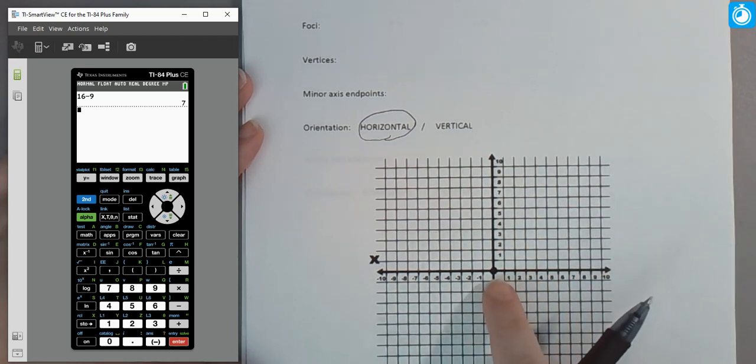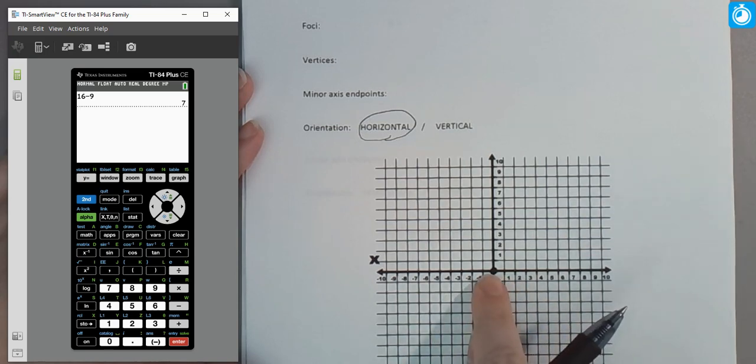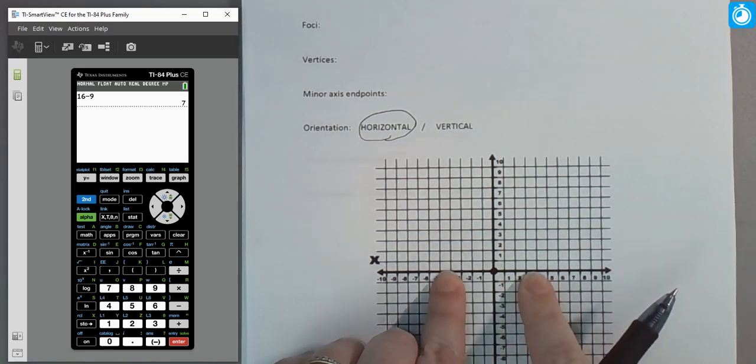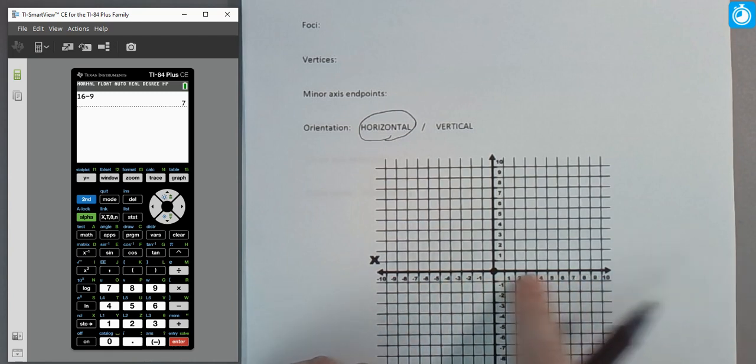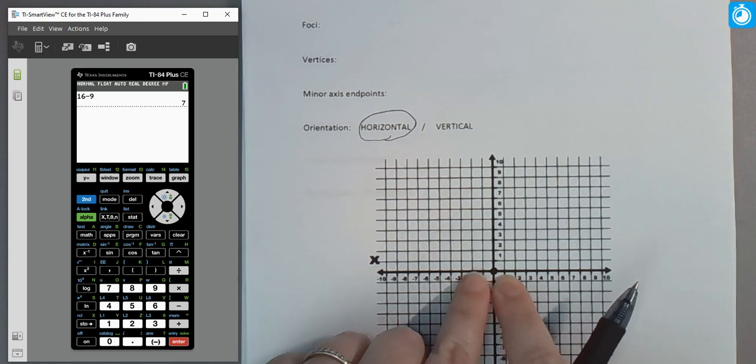Okay, so as we transition out from the center, the first points we find along the major axis are going to be the foci. So the foci are going to be C units away in either direction, in this case along that horizontal major axis. So C units in the positive direction, C units in the negative direction. What are we holding constant in this case?